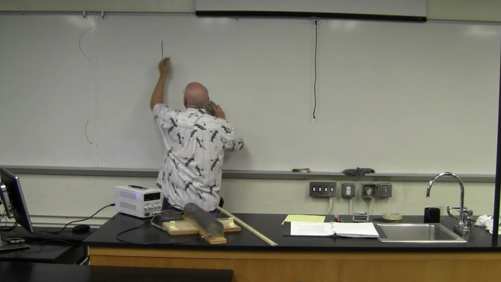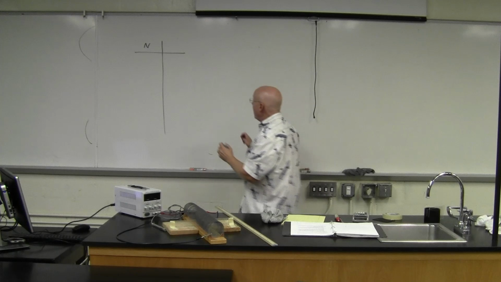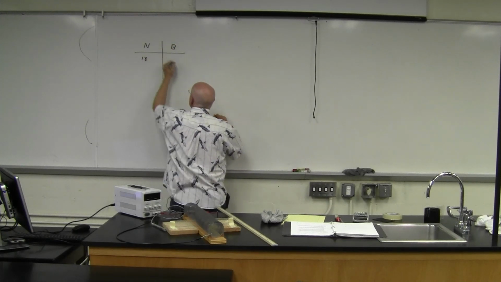And so it is change the number of turns in your solenoid here. Yeah, so I have 48. I don't think we are asked to go that high. We're asked to start at 18 and measure the field.